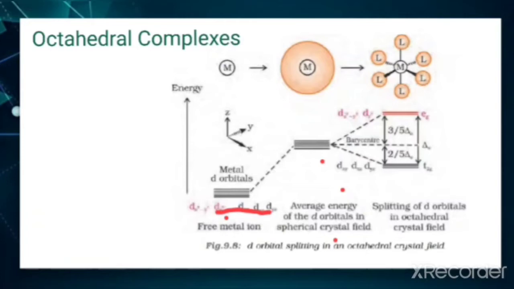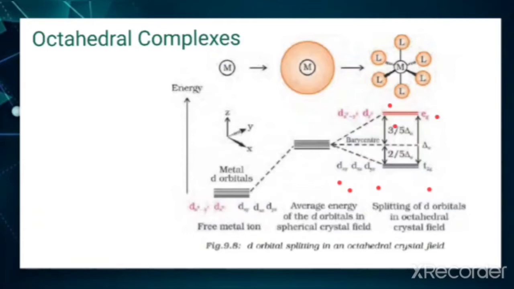But due to the repulsion experienced by the orbital electrons with the electrons of the ligand, there will be a splitting of d orbitals, and the splitting takes place in two sets, that is the orbitals dxy, yz and zx, whose energy gets slightly decreased, that is by 2 by 5 of delta naught, and the two orbitals dx square minus y square and dz square, which are represented as the Eg set, whose energy is slightly increased, that is by 3 by 5 delta naught.